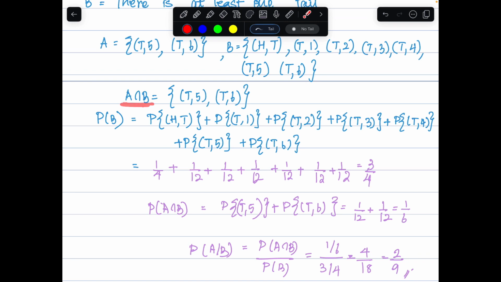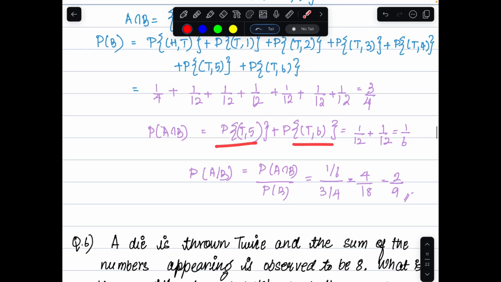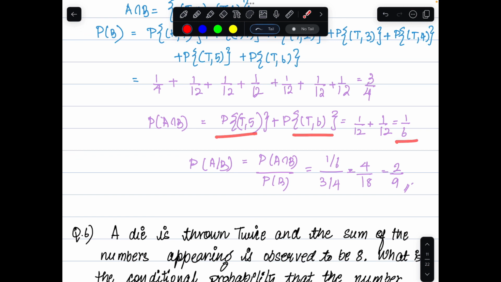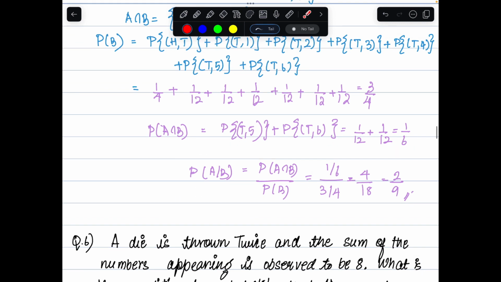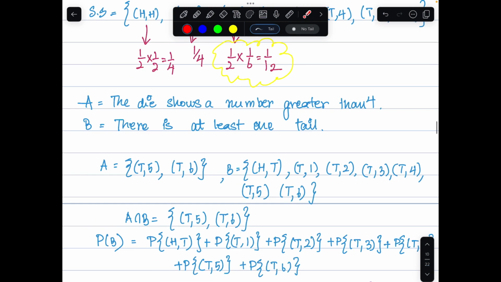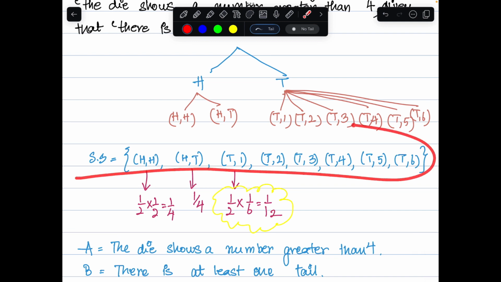Probability of A intersection B is what? Again, you have to add the probability of each element separately. So you get this, and then again you put it in the conditional probability formula, and you will get 2/9. So the concept here that was important was equally likely. When they are equally likely, you can proceed how we used to do earlier.